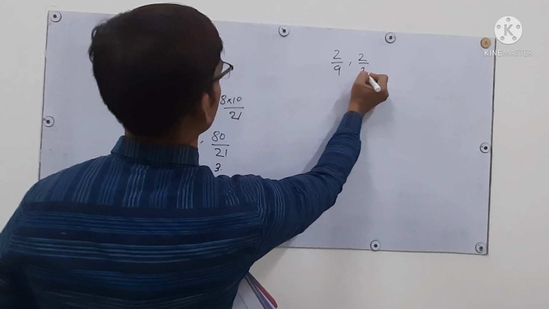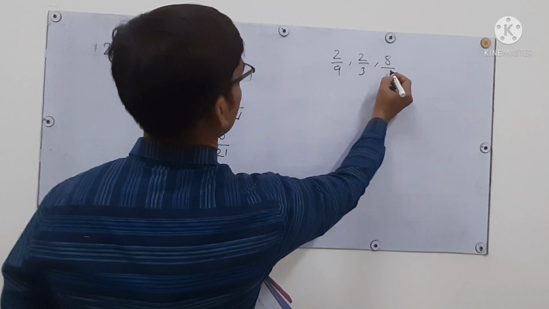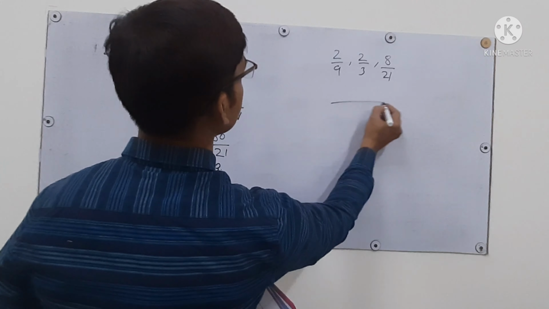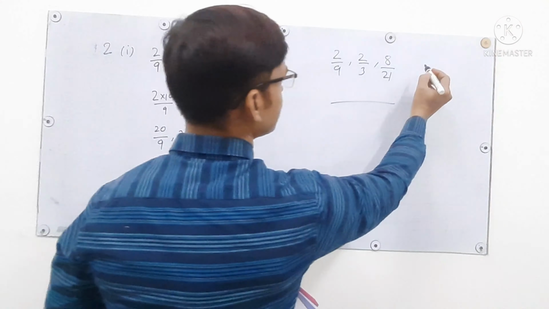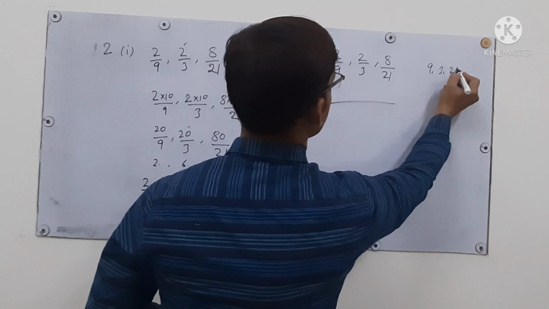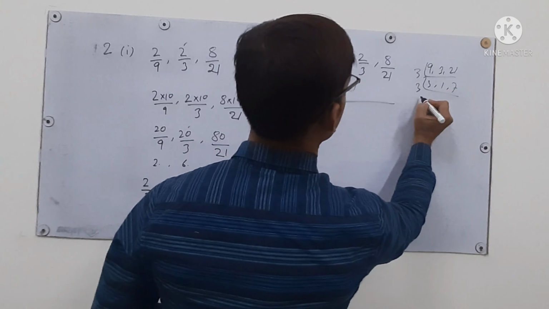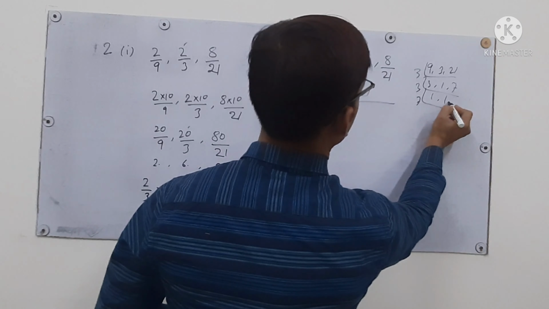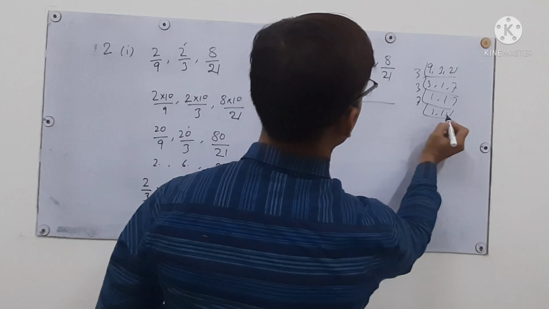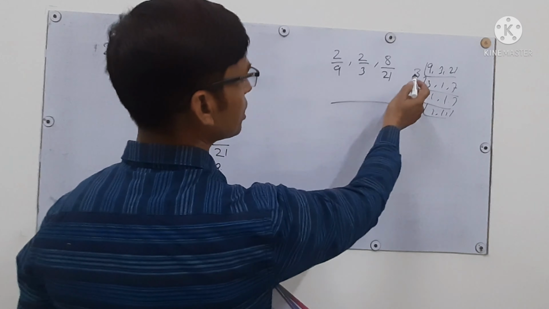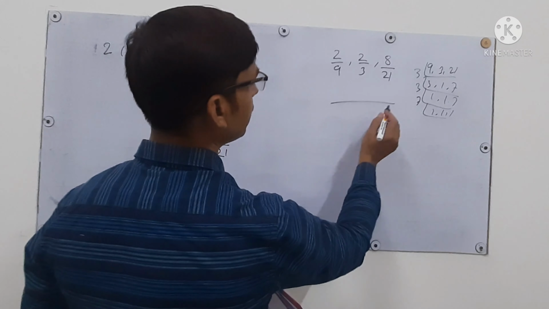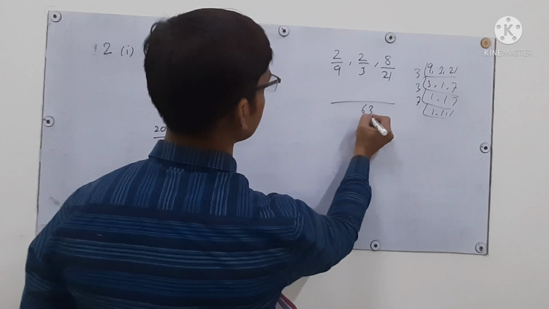Here it is given 2/3, 8/21 and 2/9, we will take their LCM. So what will be the LCM of 9, 3, 21? It will be 63.